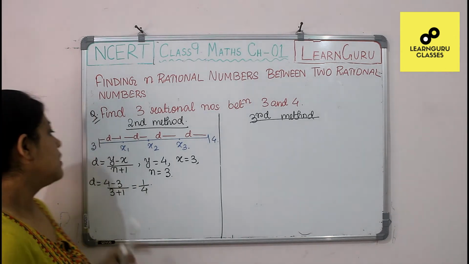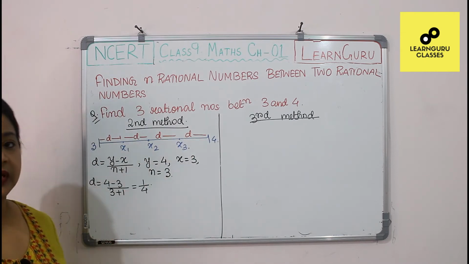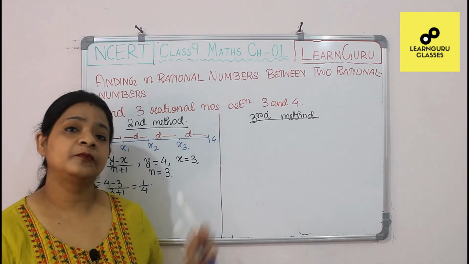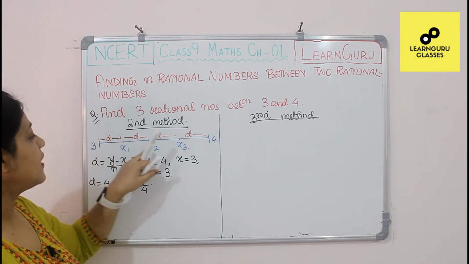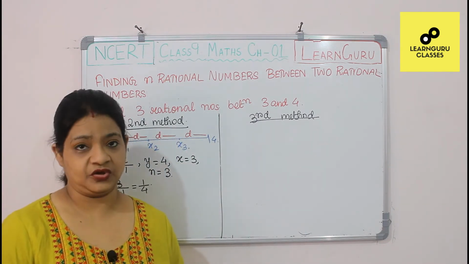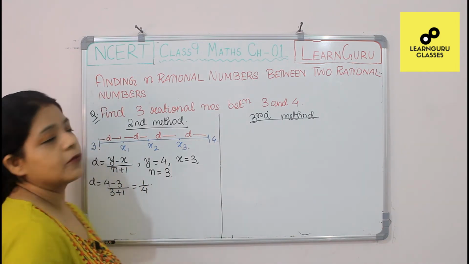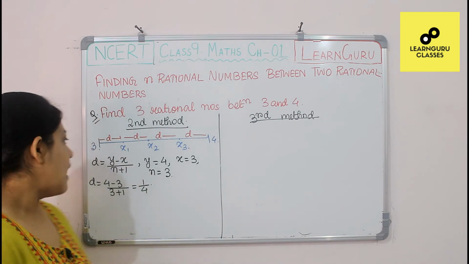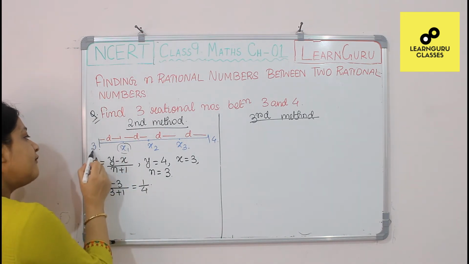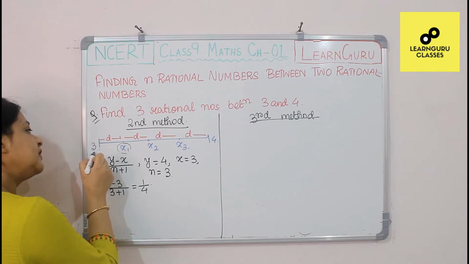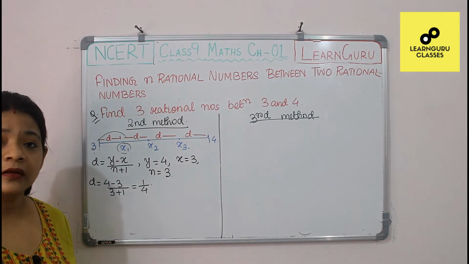Now you see, let's consider the case of the train that I have used to explain the concept of common difference. x1, x2, x3 are the 3 stations. So 3 is the starting point and 4 is the end point. When you come to x1, you have to start from 3, travel a distance of d and come to x1.